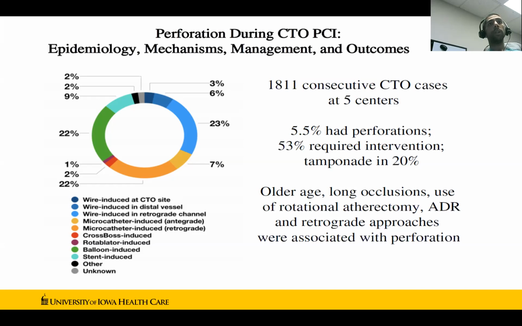So it's very important to have a surgical backup if you are going to try these chronic total occlusions. A very small number of patients will end up with surgery, but it's still good to have a surgical backup if needed, and to know how to manage these complications if they occur before you start a CTO PCI program.